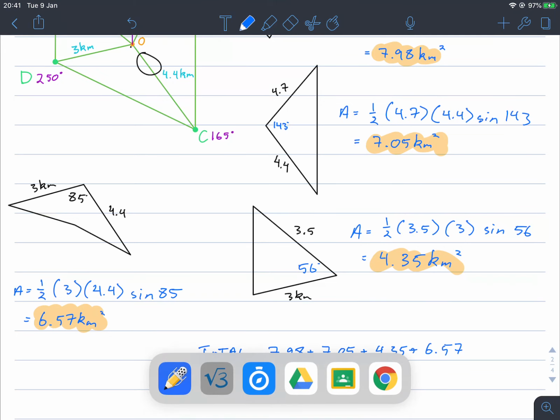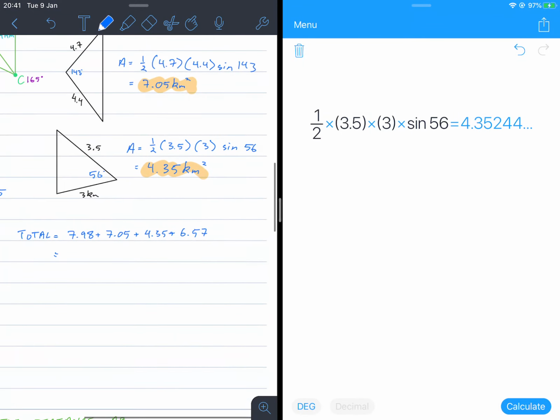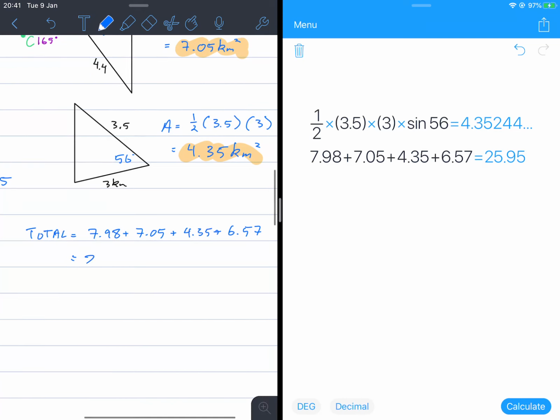Just using my calculator to make it easy for myself. This gives me a total of 25.95 kilometers squared.